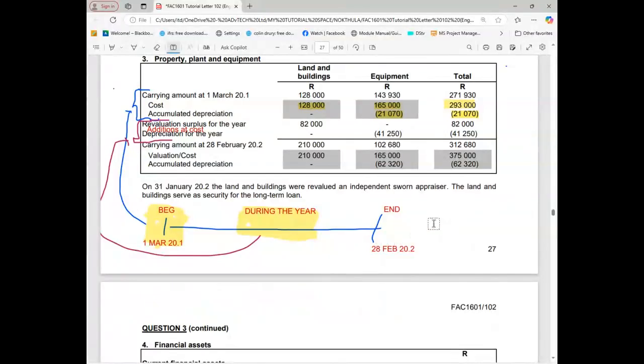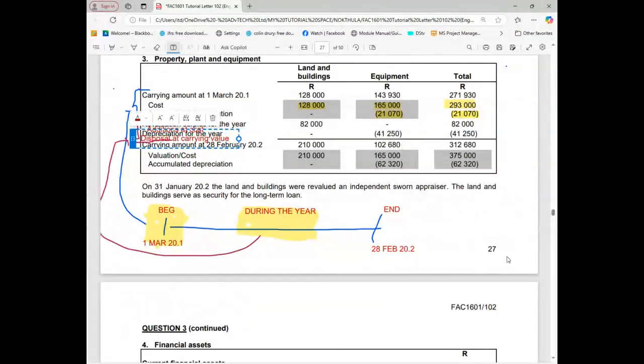You can also sell assets. If you sold one of the assets, you are going to have disposal at carrying value. Everything takes place during the period, so maybe you squeeze it somewhere there.